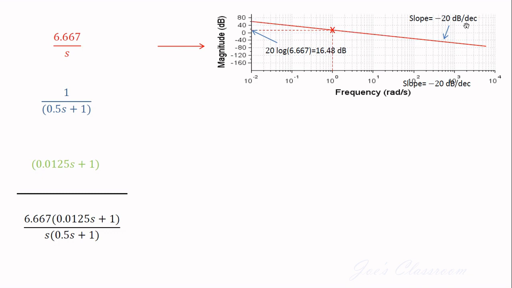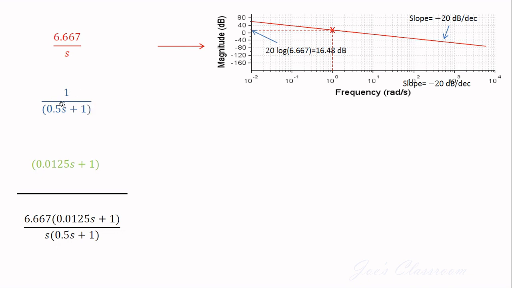See, the slope is minus 20 decibels per decade, and it passes through 1 comma 16.48, which is nothing but 20 log of K, that is 6.667. That's done. Now we consider the second term.